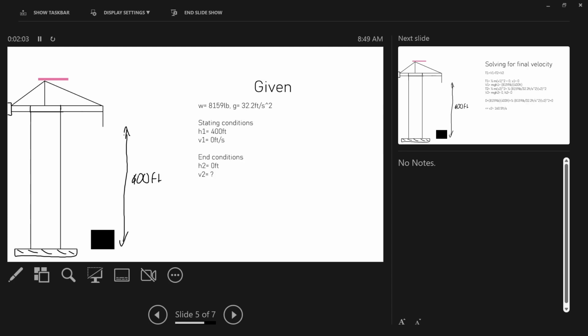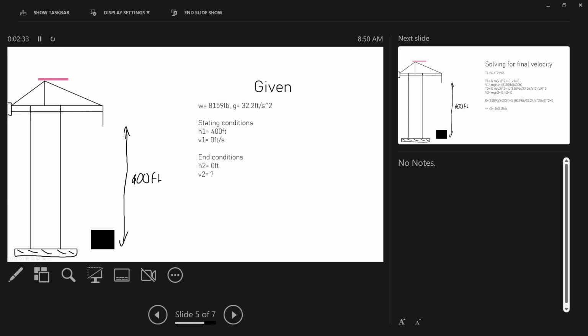And here are some givens. We are given the weight of 8,159 pounds, and we also have gravity, which is 32.2 feet per second squared. And here are the starting conditions. The initial height is 400 foot in the air as it was still connected to the crane, and its starting velocity is also 0 foot per second because it was at rest before it fell.